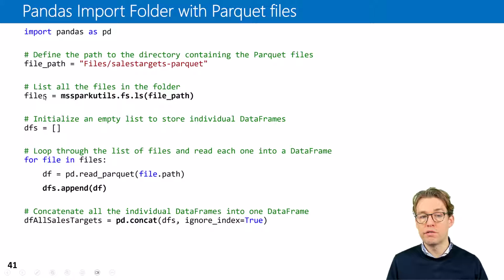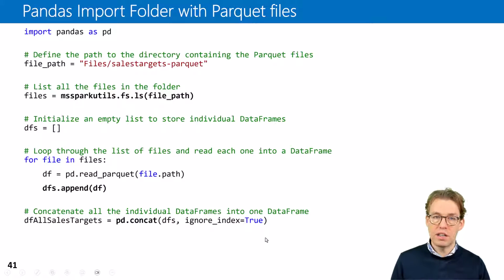Then you get a list of files, you can loop through the files, read the Parquet into a data frame, and then append the data frame to a list. So you have a list of data frames, and then you can use pandas.concat and take all the data frames in the list and put them in one big data frame, for example. So that's a way to do that. You will see in Spark it's easier. This is maybe a little bit messy code.